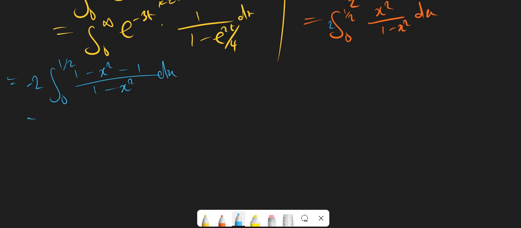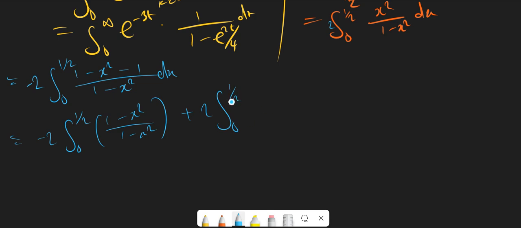So this will give us negative 2 times the integral from 0 to half of 1 minus x squared over 1 minus x squared, then plus 2 times the integral from 0 to half of 1 over 1 minus x squared dx.